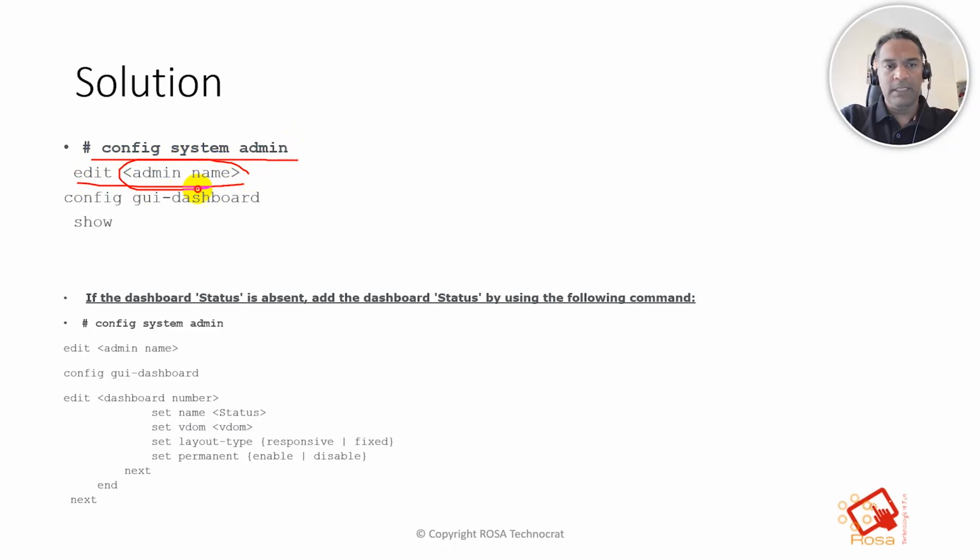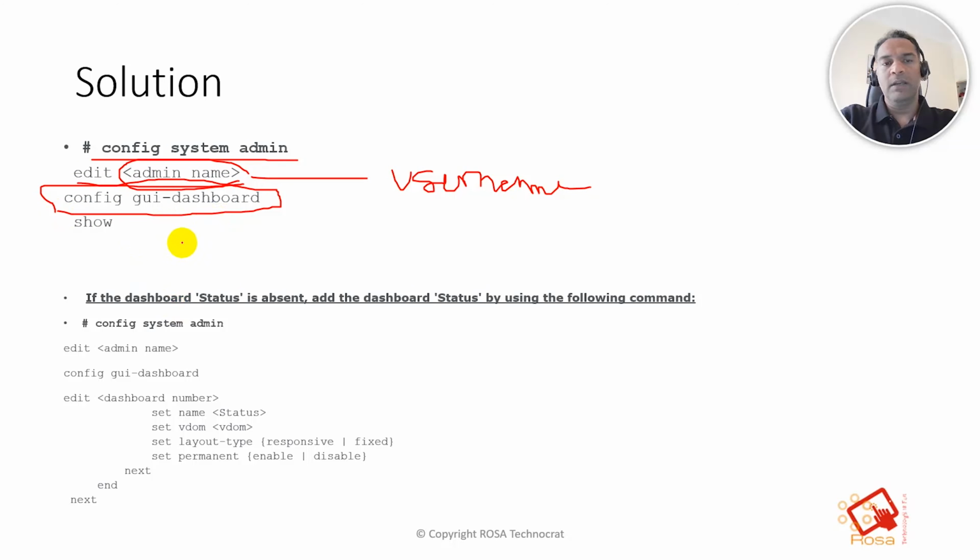This admin name is the username, any username that might exist in your configuration, and then go under config gui-dashboard. Under config gui-dashboard, you will see all the information related to the widgets and the status page, and the GUI dashboard is listed under the username. So please verify if you have the status and the global option missing from there.